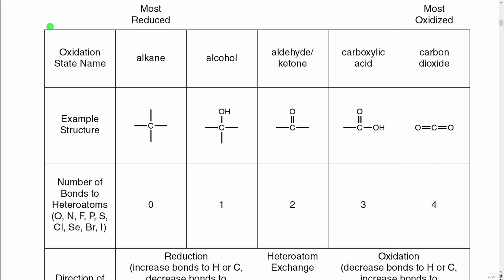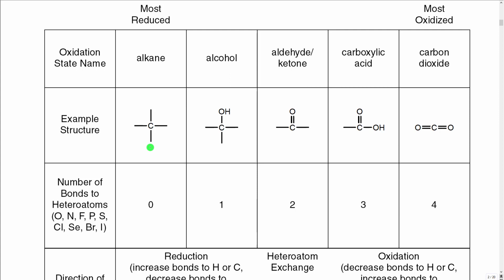Instead, we're going to use the organic chemistry shortcut, where we look at the central carbon and count how many bonds to heteroatoms there are from that central carbon to the attached groups. An alkane, which only has carbons and hydrogens, would have 0 bonds to heteroatoms. And therefore, that would be the most reduced form of the carbon.